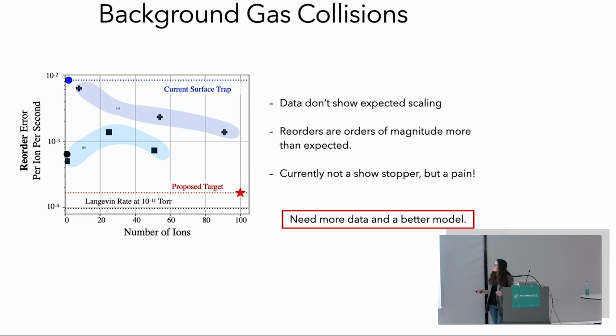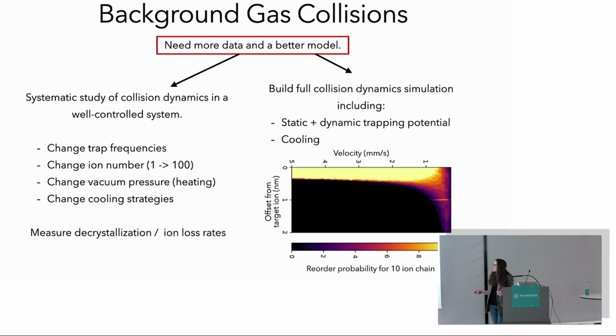Okay, so to understand this and then to be able to fix it, we need both more data and a better model. So we are planning to take data in our chamber by varying all the different parameters that we can vary and seeing how the collision rate changes. And we have also created code to actually simulate the dynamics between the hydrogen molecules and the calcium ions. We have a full dynamic trapping potential, and we can see how cooling affects it.